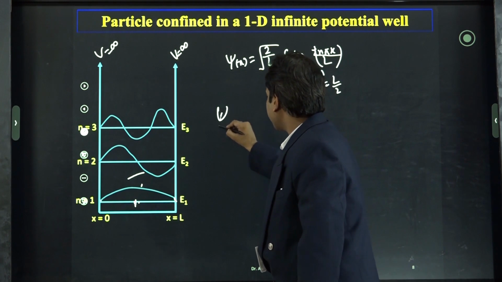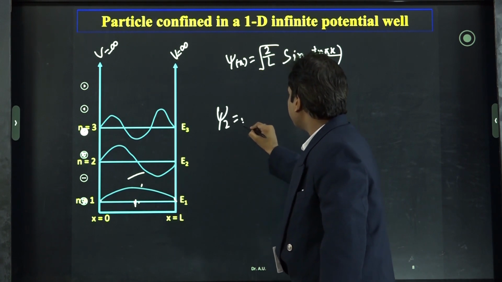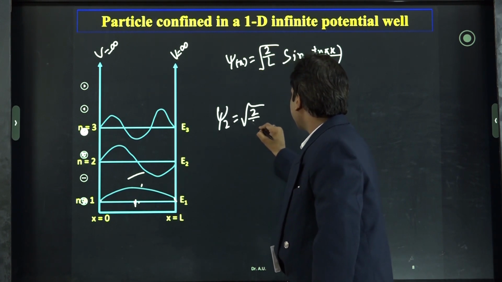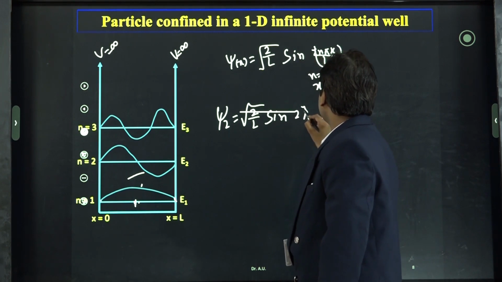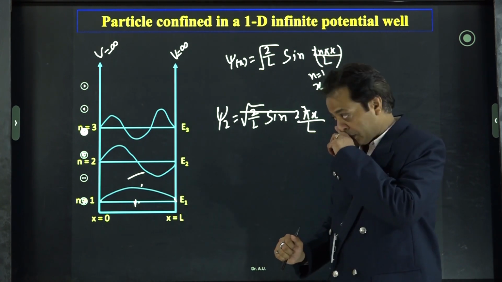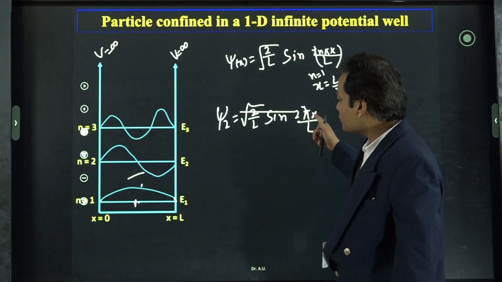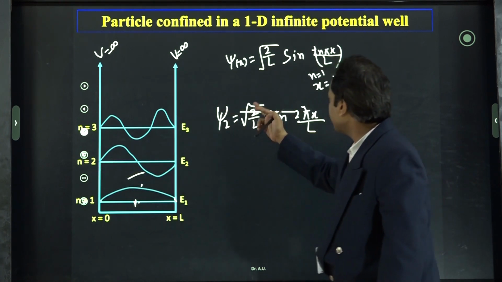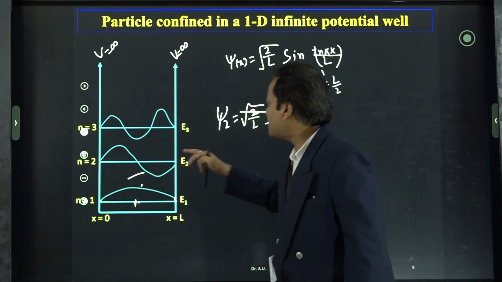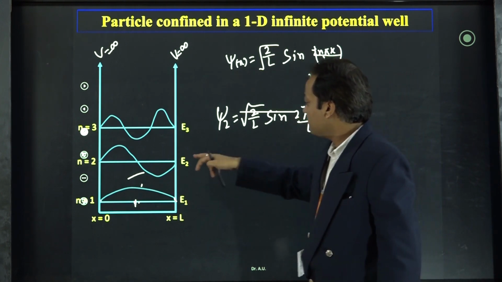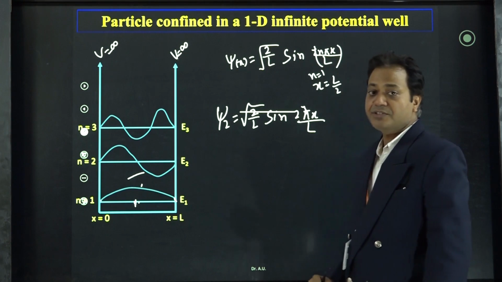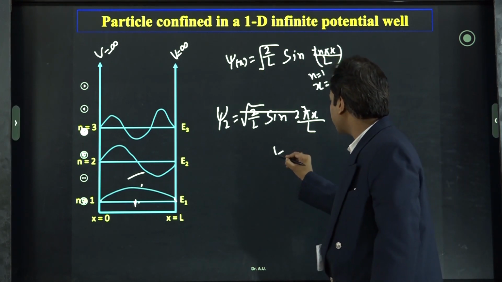If we plot psi 2, it will be like this: the square root of 2 by L times sine of 2 pi x over L. If we check the x value 0, this function will become 0. If we check x equal to L, L cancels, sine of 2 pi will be 0, again 0.